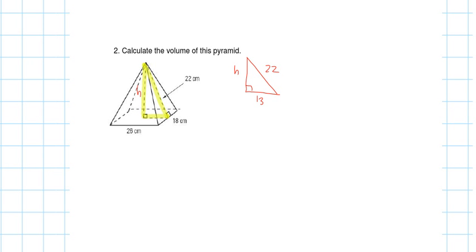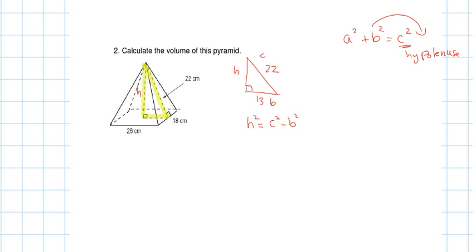If I call this c and b, I have h squared equals c squared minus b squared. Remember that the formula of the Pythagorean theorem is a squared plus b squared equals c squared, where c is your hypotenuse. So if you are given the hypotenuse and you're looking for one of the legs, you bring one over and it becomes a subtraction. This is the common mistake students make: they use the Pythagorean theorem as is, even though they're looking for one of the sides instead of the hypotenuse.